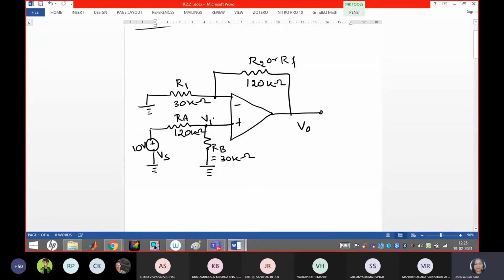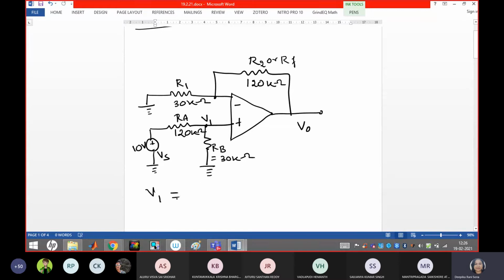Suppose this V1 is the input. If I write down the V1 equation at this point, what should be the equation for V1? I want to know because V1 is the input for the op-amp. So what is that?